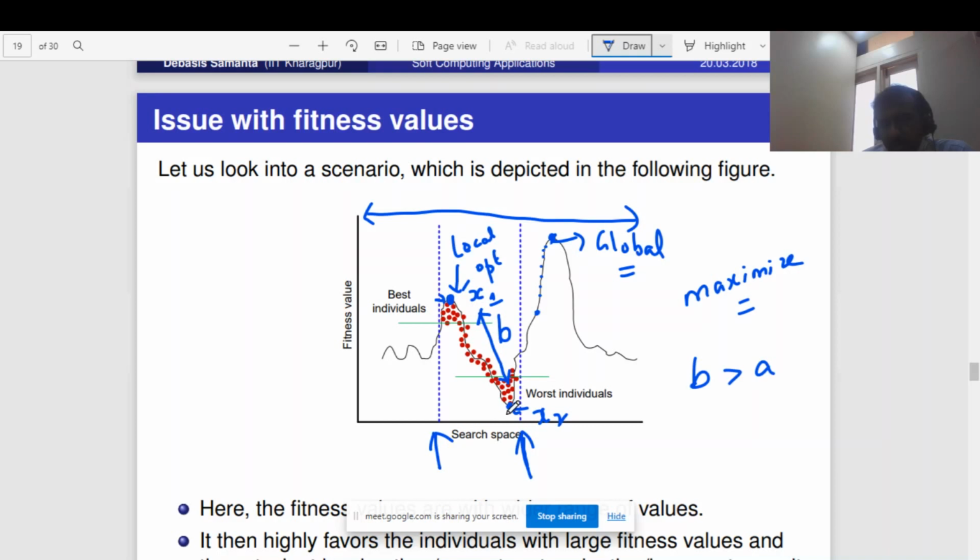So the genetic algorithm will always choose what type of individuals? Here it is a low point with respect to what we are studying, with respect to fitness score. His fitness score is low, whereas this individual's fitness score is high. So for creating the next offspring, does it choose individuals with good fitness score or with low fitness score?